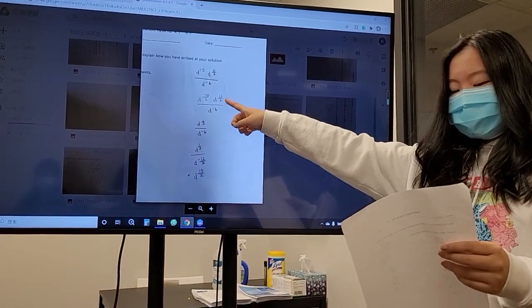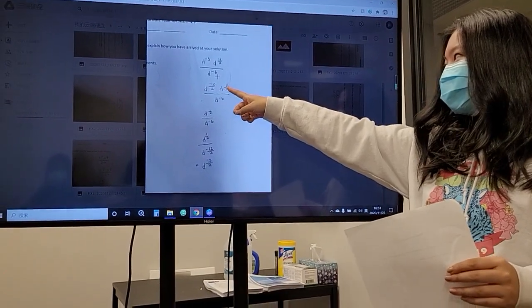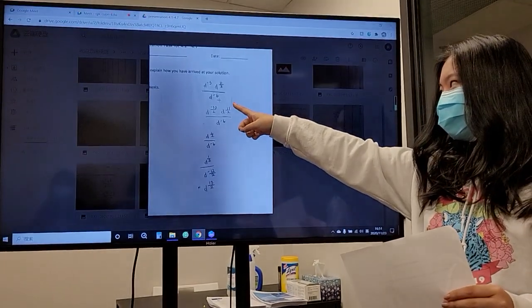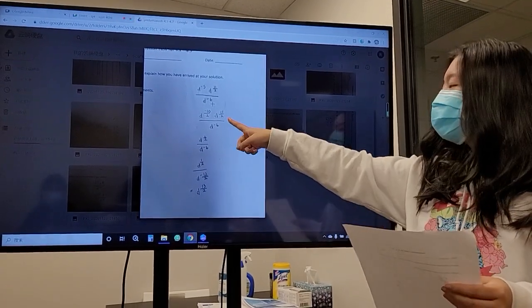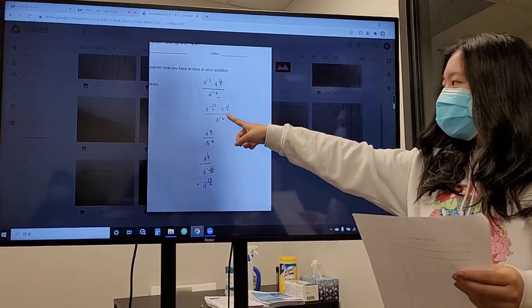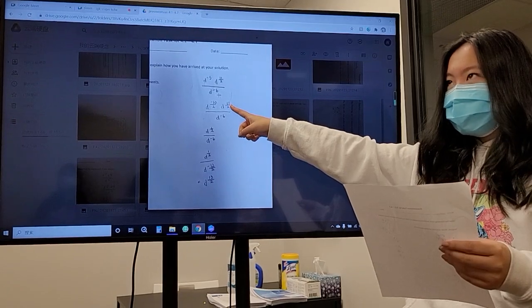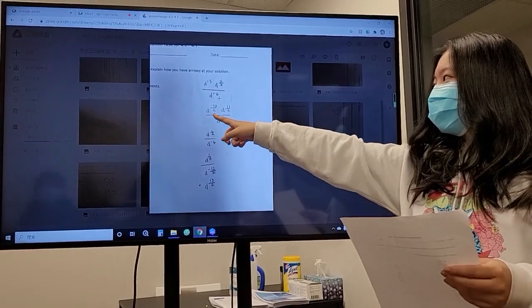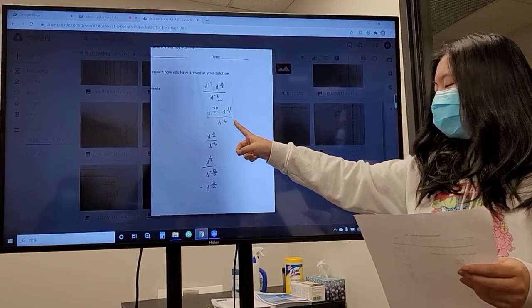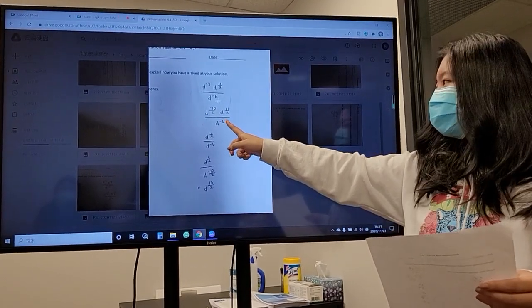So then -3 times 2 equals -6, so that becomes a new exponent. And then, because these two also have the same base, but instead of multiplying the exponent, they're multiplying with each other, so I have to add the exponents with each other.